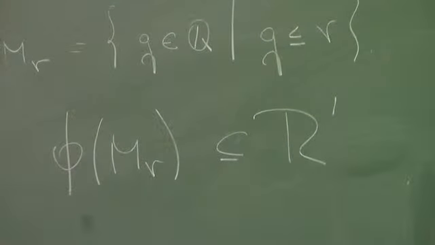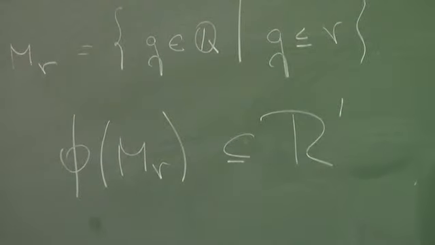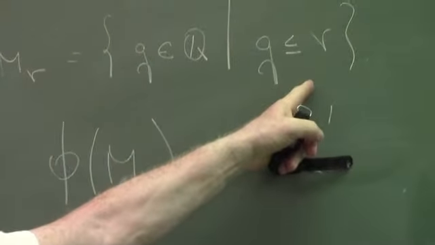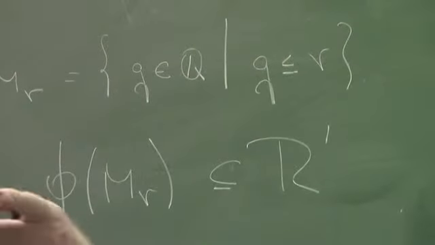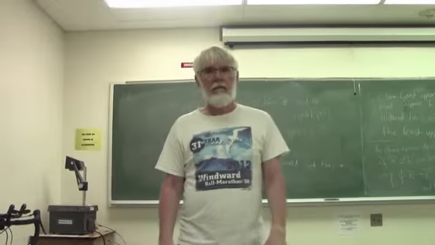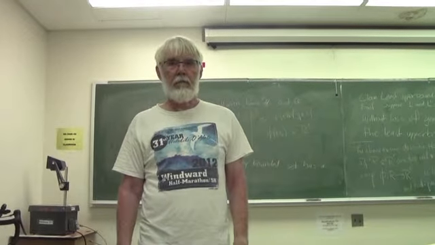Image of the rational. I don't understand that statement. We said here we look at the rational numbers that are less than R. Yeah, okay. What's the image of that? We looked at images of sets, right? Yeah. So just take the image of that set. Okay.